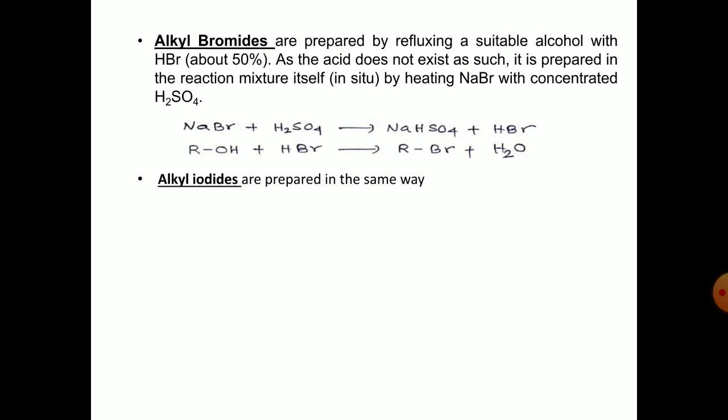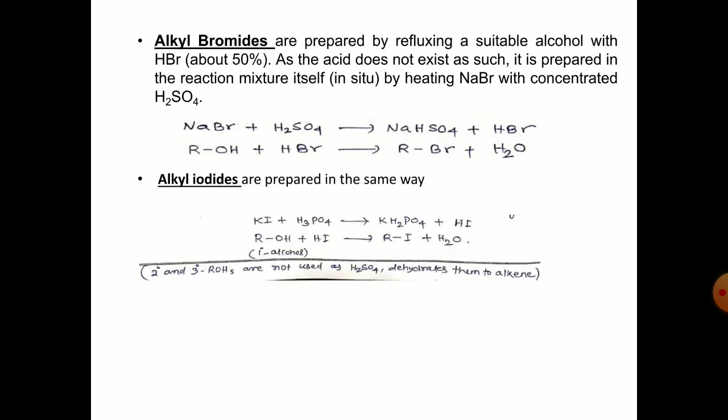ROH plus HBr gives rise to RBr plus water. HBr is not directly used, therefore it is prepared by reacting NaBr with H2SO4. Similarly, alkyl iodides are prepared in the same way. KI plus H3PO4 gives rise to KH2PO4 plus HI. Then ROH plus HI gives rise to RI plus water.